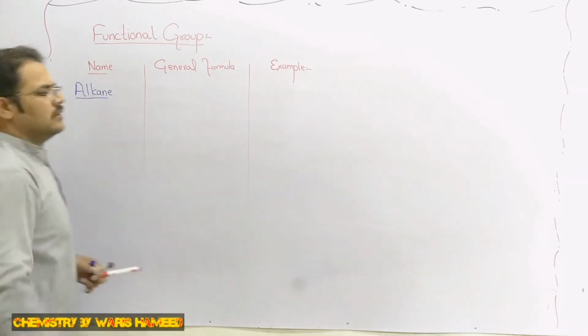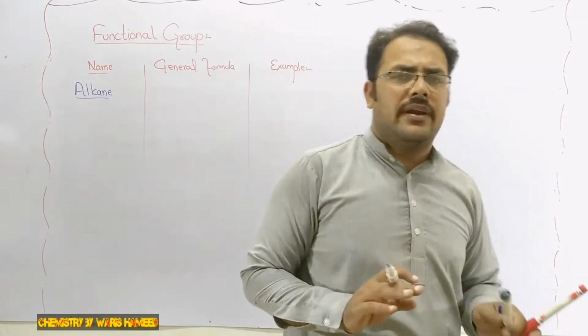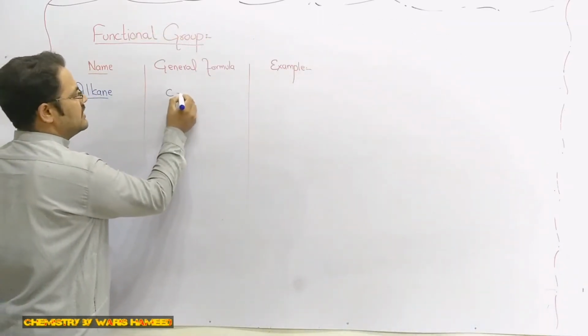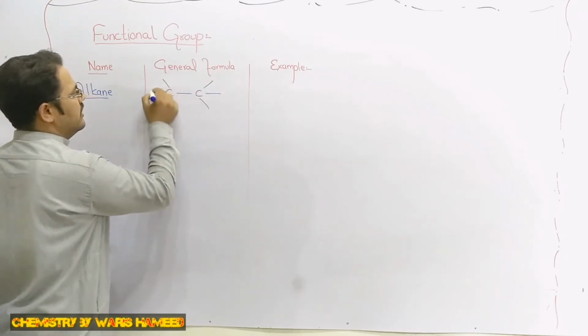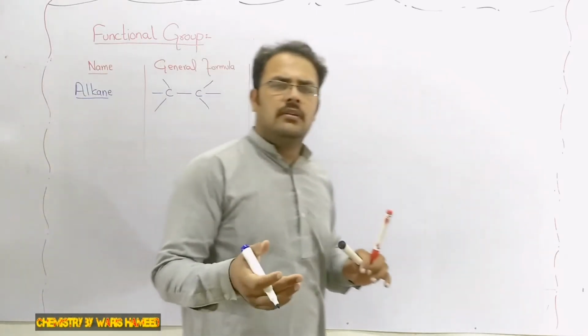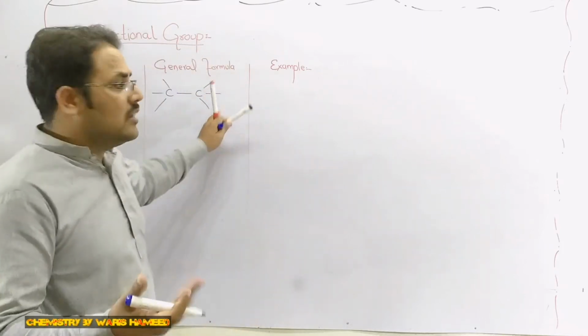In alkane, there is a single bond between carbon and carbon atoms, and its general formula is carbon single bond carbon, with linkages here, here and here. There may be any atom, hydrogen or other atoms like another carbon atom or alkyl groups.